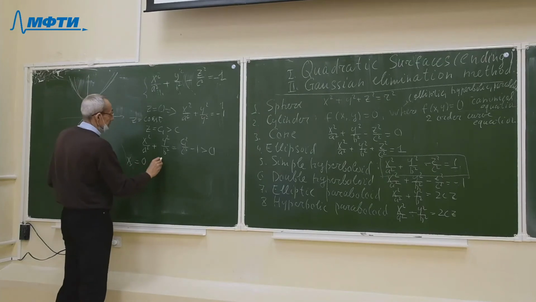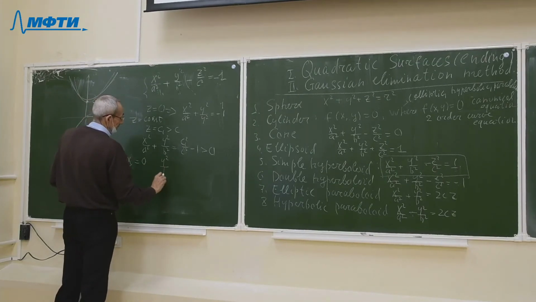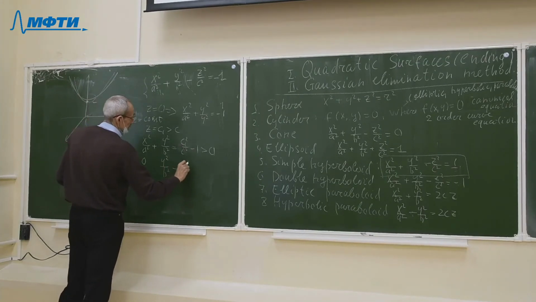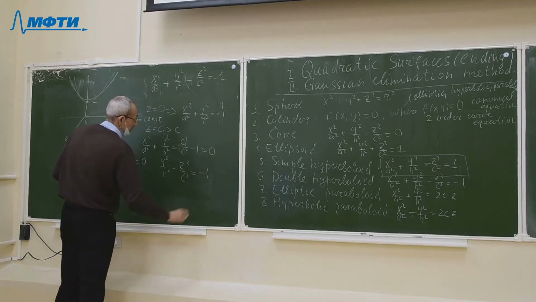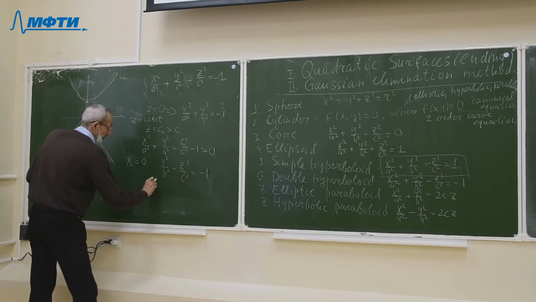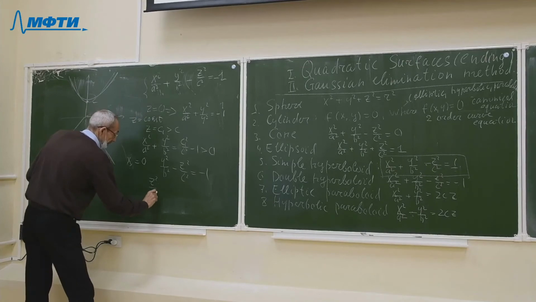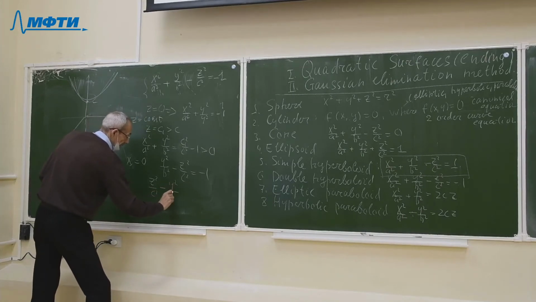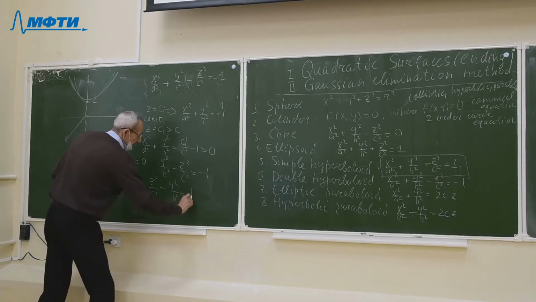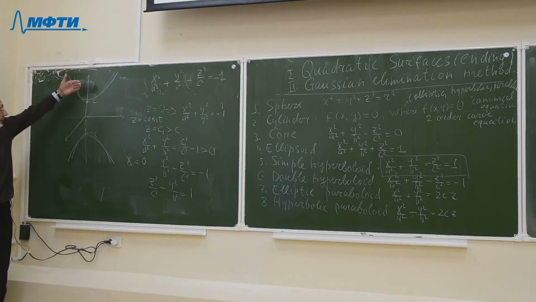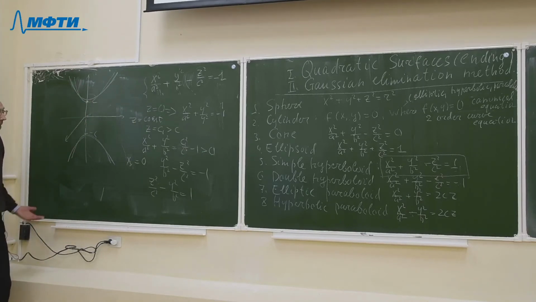X is equal to 0, we obtain y square divided by b square minus z square divided by c square is equal to -1, or z square divided by c square minus y square divided by b square is equal to 1. And we obtain the equation of the hyperbola in this section.